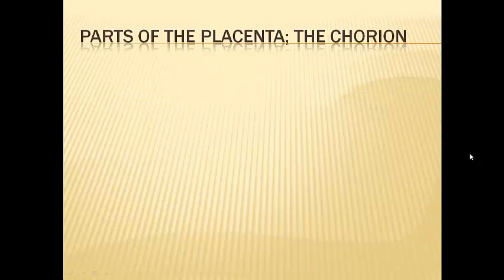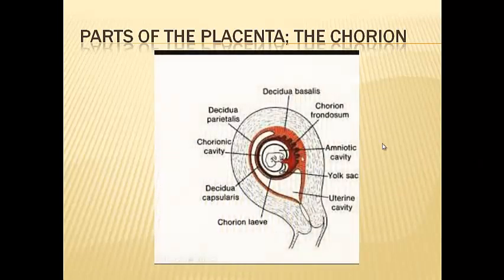Now, we're just going to go over the chorion real quick, and this was mentioned in the last session, so you have a rough idea about it. Again, there are two parts that I need you to know. One part of the chorion, like I said last time, is called the chorionic plate. And you notice how part of the chorionic plate has these extensions, or tree-like projections, coming out of it, which we referred to last time as the villi.